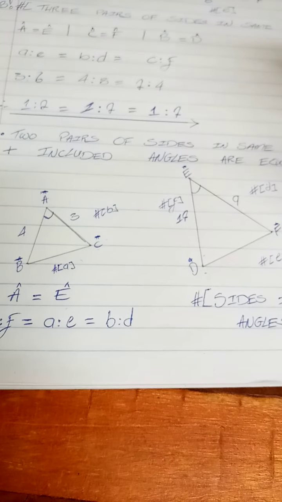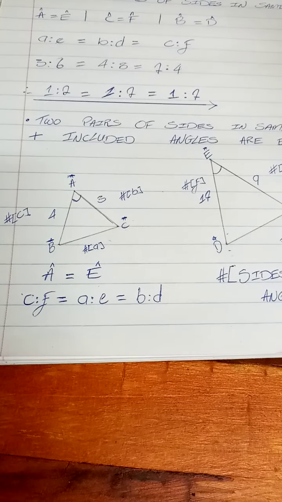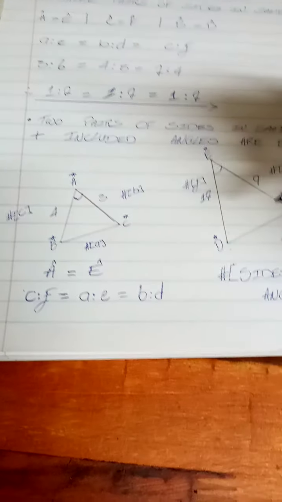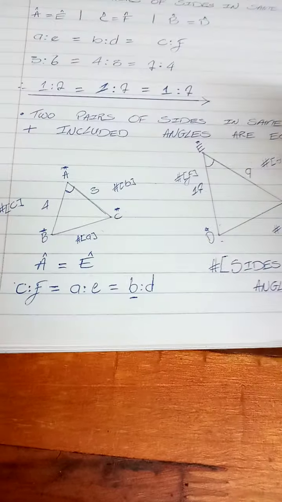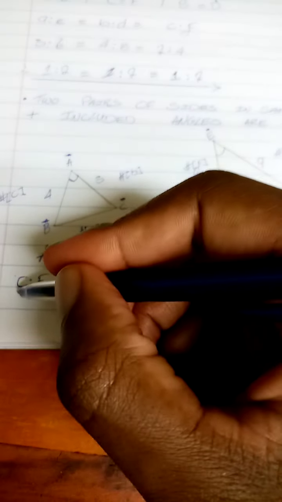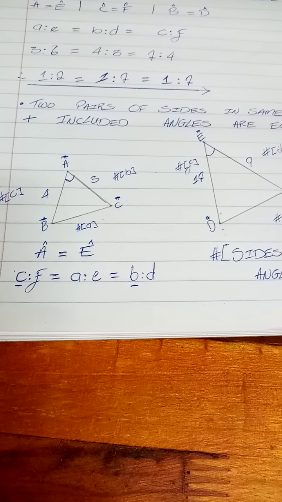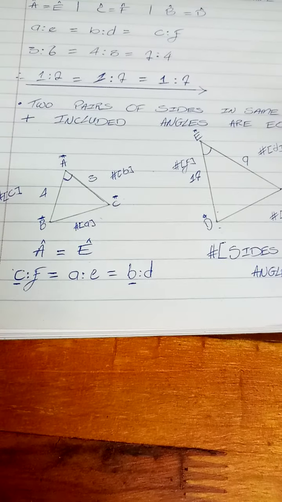So here we are looking at the two pairs of sides. Since we have two pairs of sides, we have the side of B, this is what we want to use, and the side of C, which is what we're going to use. So we're just going to replace that only.